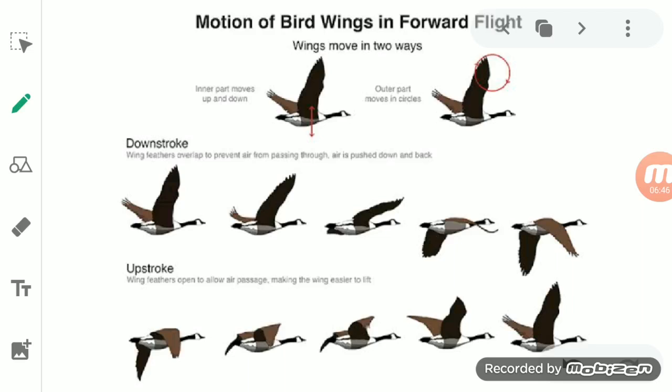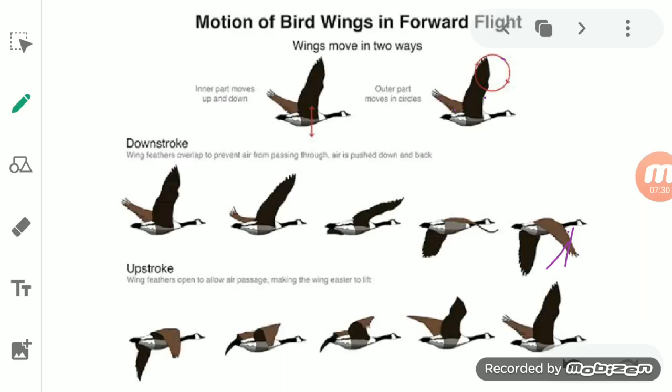So first of all downstroke is occurring, and then upstroke is occurring, and this downstroke and upstroke is responsible for the movement, and in a very easy way we call it the flapping of the wings.